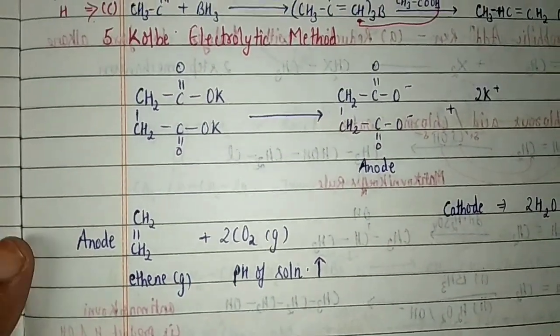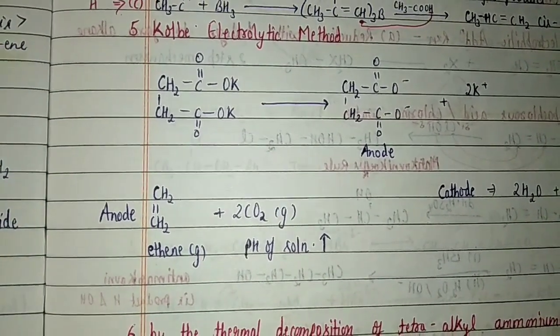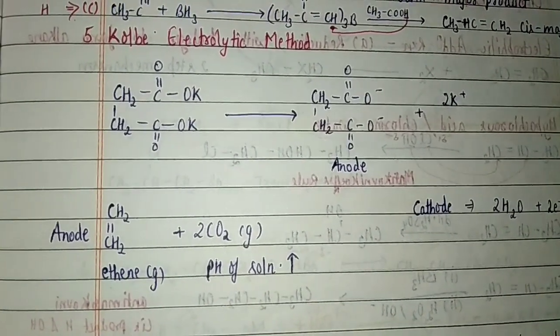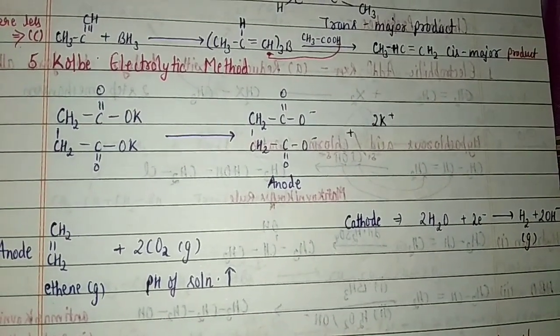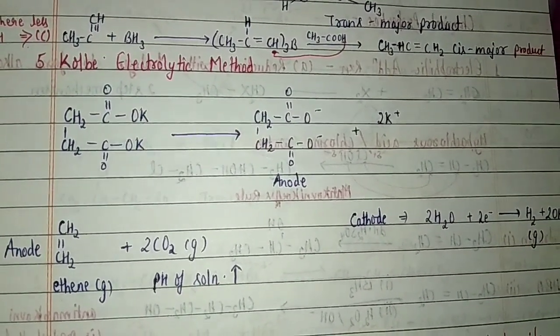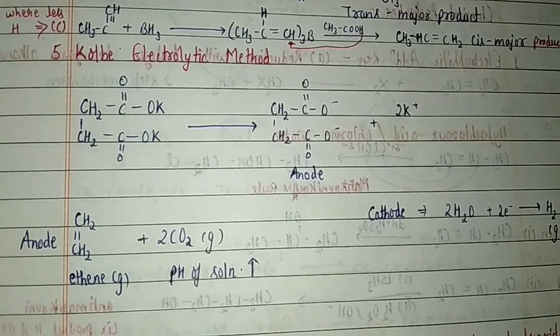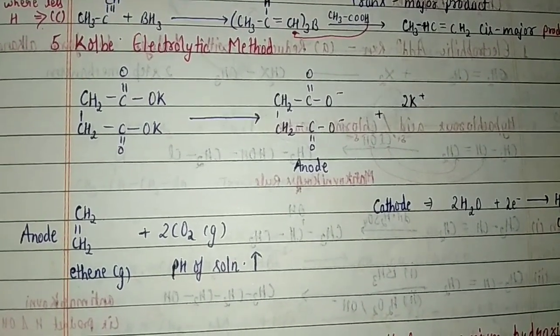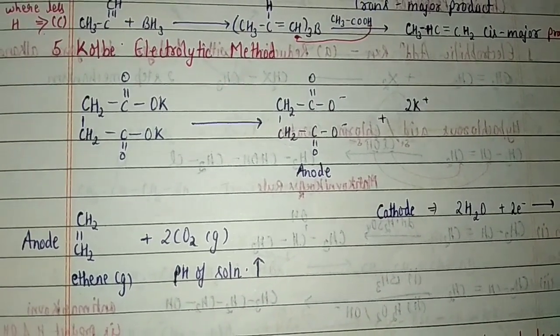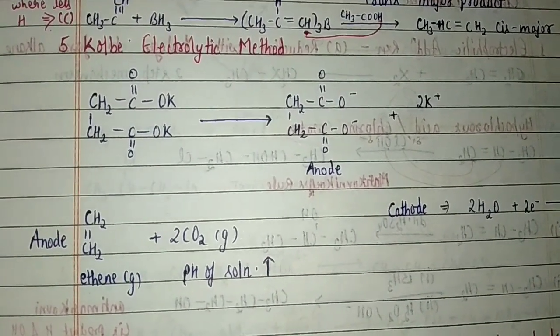Now a different method is the Kolbe electrolytic method, where we have an anode and a cathode. At the cathode, we get the hydrogen gas, and we have the potassium salt of carboxylate anions.